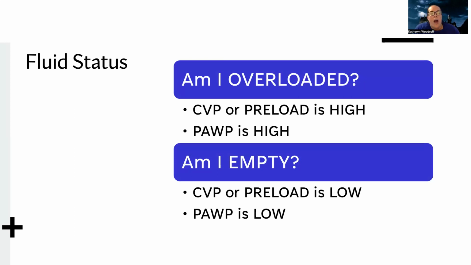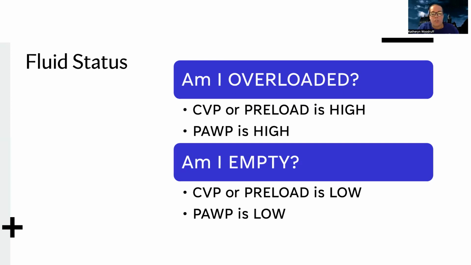For this, the patient's going to have a high CVP. If you're getting confused, CVP and preload are the same thing. Or there's also PAWP, or you might see the PAD. All of those are measures of fluid. I know there's a lot of acronyms, it's hard.